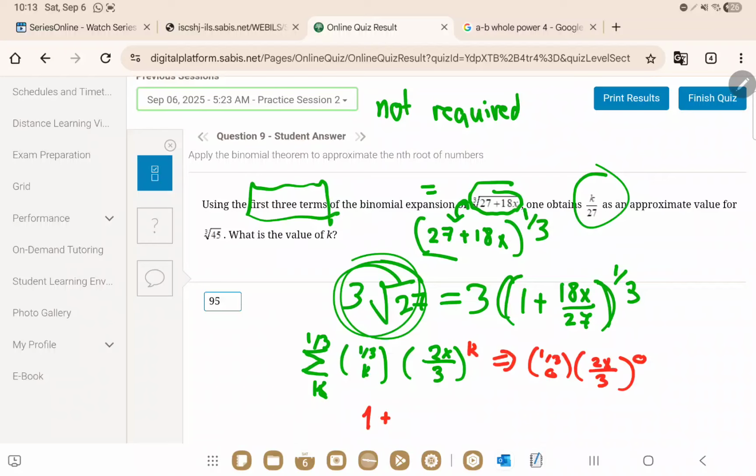Plus, the first 3 terms is literally the first 3 terms only. You don't have to go till k is 3. Plus now 1/3 combination 1, 2x over 3 to the power 1, which is basically 1/3 times 2x over 3, which is 2 over 9x.